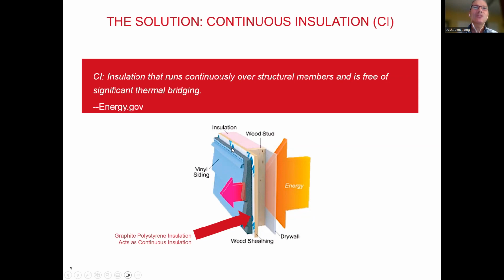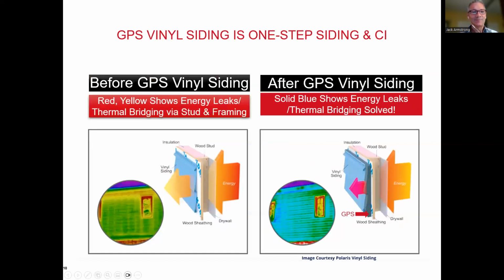But on the external side of the wall, you can see this graphite polystyrene backed PVC siding, and this is where we're getting the benefit of continuous insulation. When energy is trying to leak out, we have our R value, the resistance to heat flow, and it's stopping and minimizing that amount of energy loss with continuous insulation.